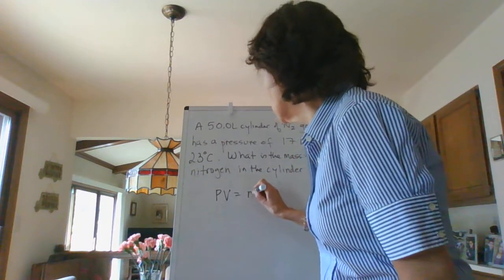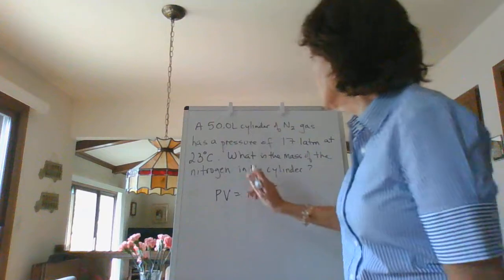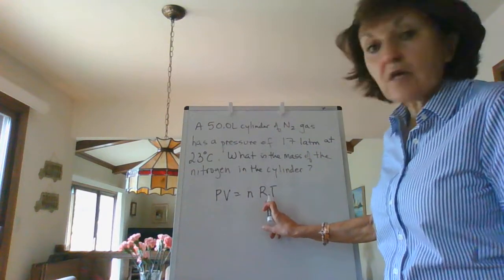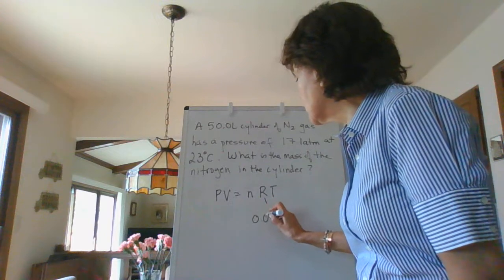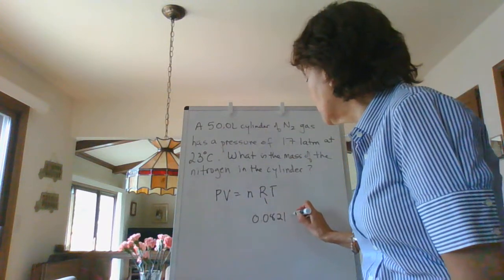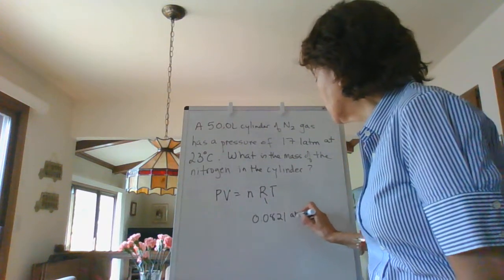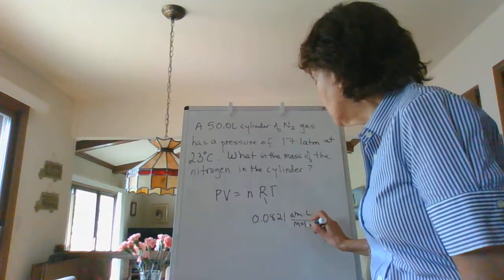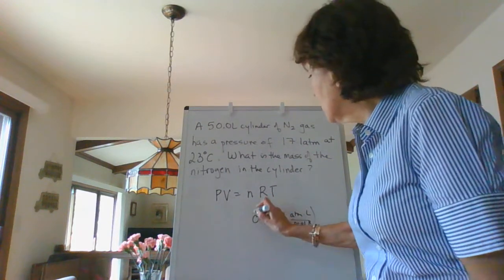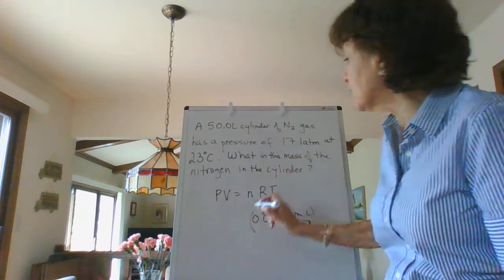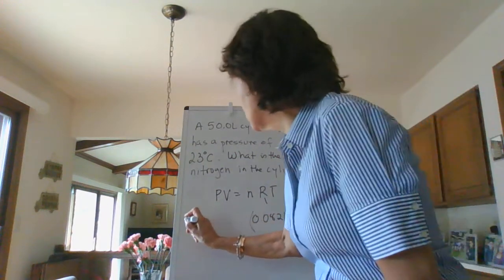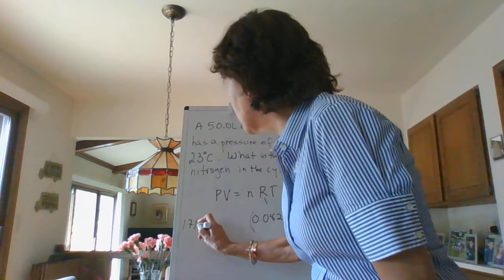PV equals nRT. Remember, if we're going to use the R that I was telling you guys about, 0.0821 atmospheres liter over mole Kelvin, our pressure has to be in atmospheres. Well, good thing they gave us the pressure in atmospheres. So we'll write 17.1 atmospheres.